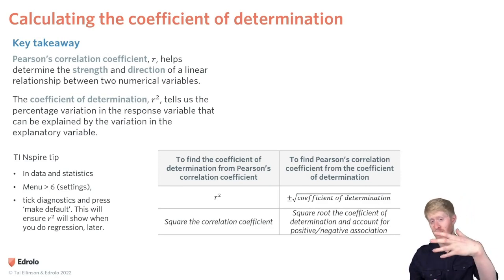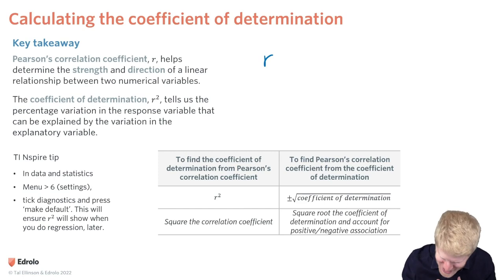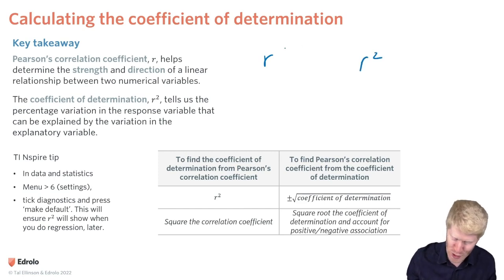All right. We've basically covered everything we need for Pearson's correlation coefficient. But there's a concept you're going to come across in the next chapter, chapter 3, called the coefficient of determination. And because they're so closely connected, here I'm going to show you how to calculate one from the other. Pearson's correlation coefficient is r, and the coefficient of determination is r squared. So it's pretty basic.